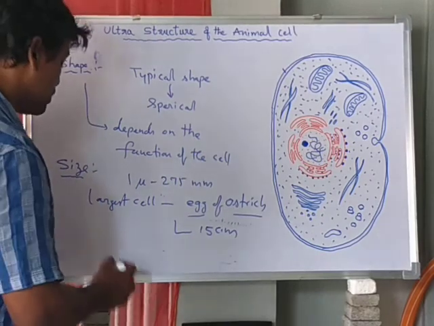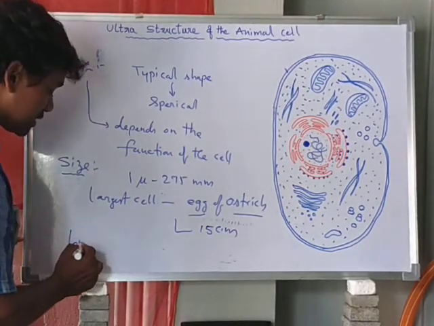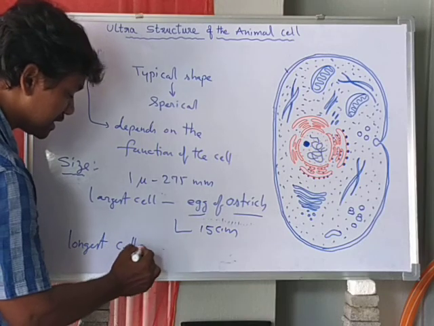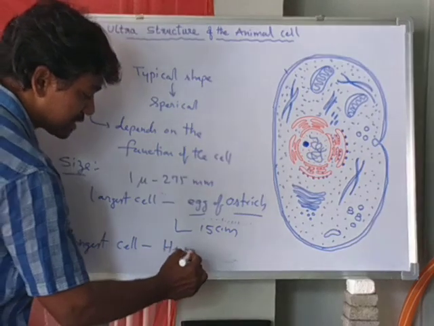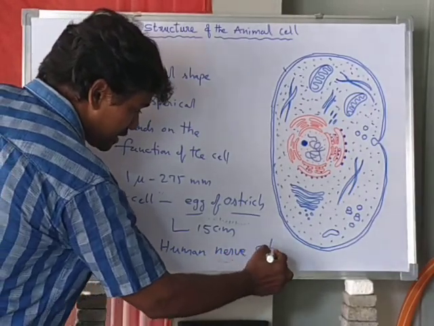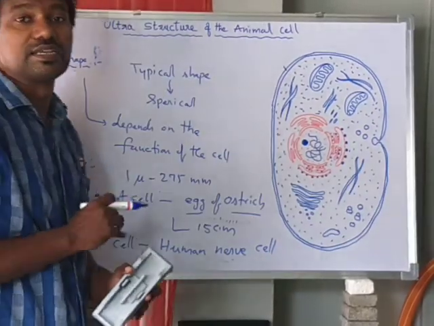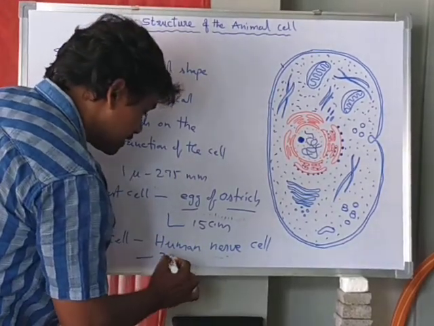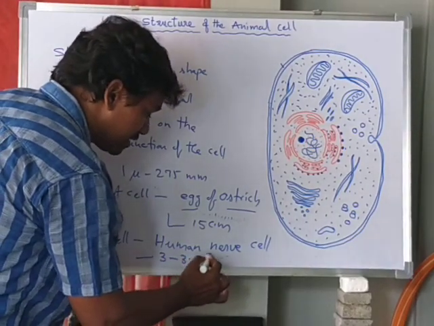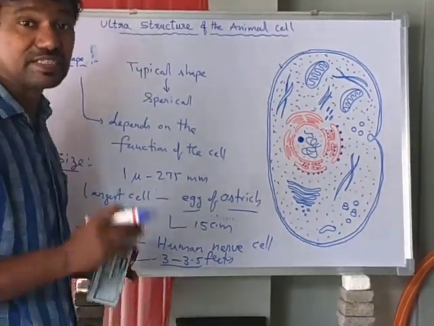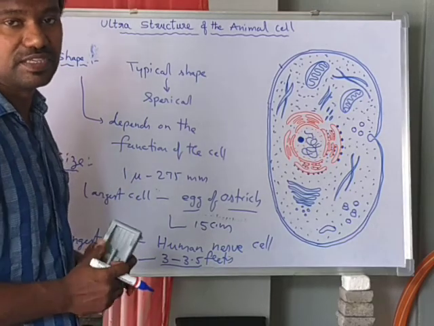Which is the longest cell? The longest cell is the human nerve cell, which is 3 to 3.5 feet. This is about the size of the cell.